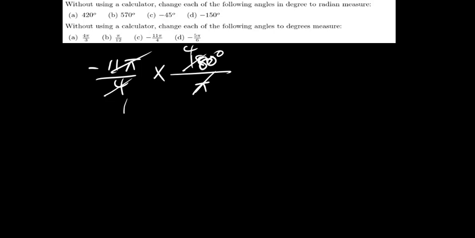Then remainder 2, 4 into 20, that is 5. So it's 45. 45 times 11 is 495, right? Yeah, so it will be negative 495 degrees.